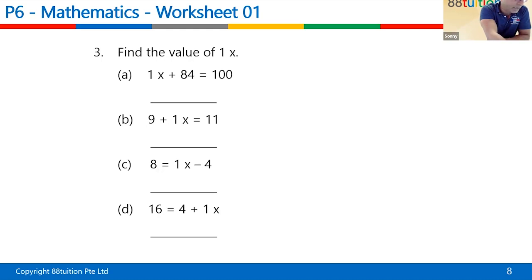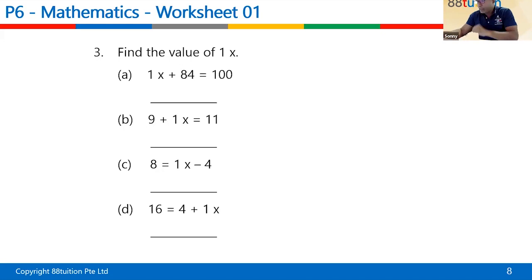Do for me A, B, C, and D. Okay, let's ask yourself, well, what's the value of x? If you can figure this out. The answer for A is 16.